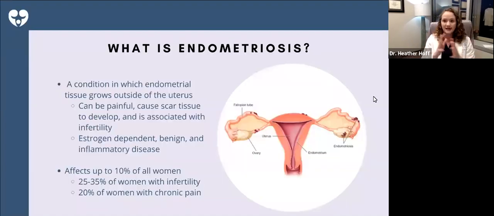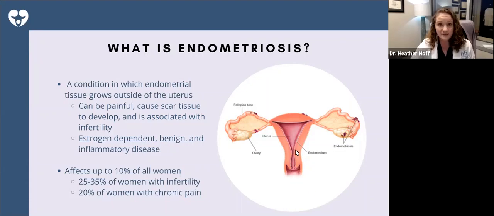So first, backing up, let's talk a little bit about what is endometriosis. Every month when a woman has a menstrual period, the lining of the uterus is lined by endometrial tissue. This tissue will thicken and prepare for implantation, and if pregnancy does not occur, the tissue will shed through the cervix.